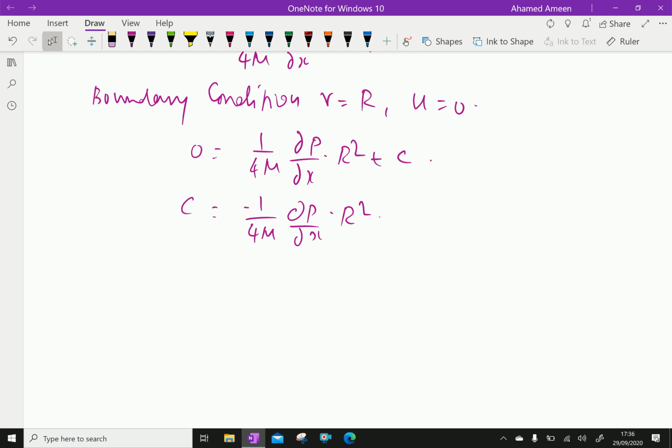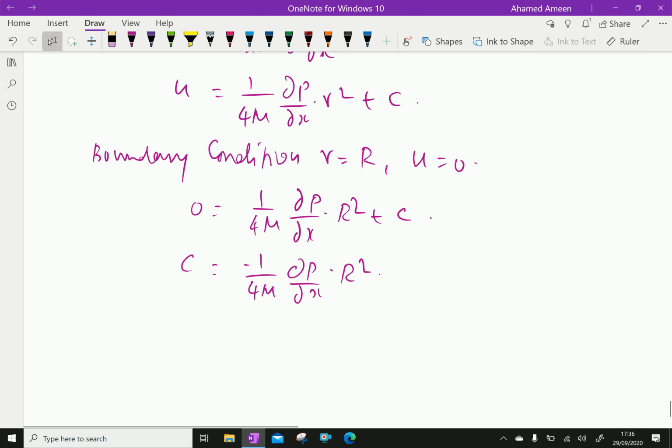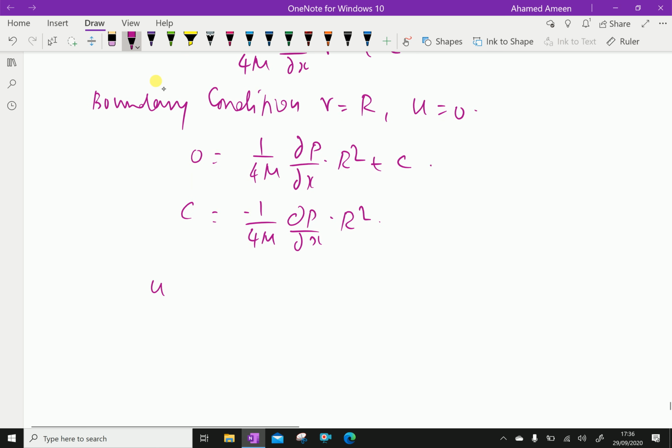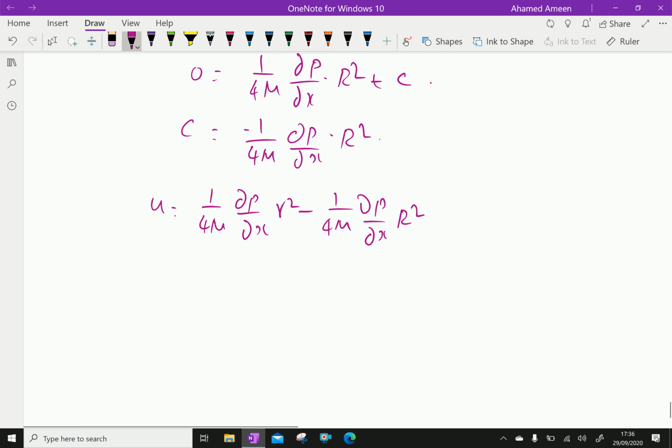Substituting the value of c, u equals 1 by 4 mu dou p by dou x r squared minus 1 by 4 mu dou p by dou x R squared, which gives u equals 1 by 4 mu dou p by dou x into r squared minus R squared.